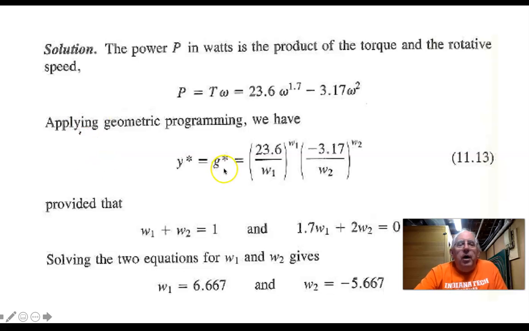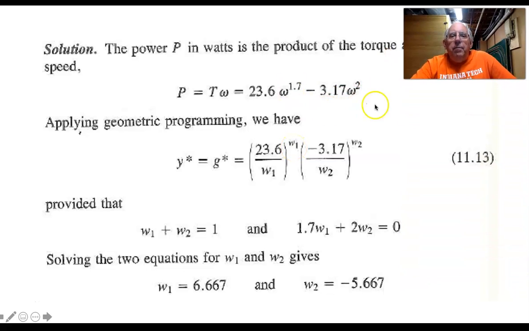But we're going to do geometric programming, and in the sense that we developed earlier, we see that the y star, which is the objective function at the maximum or minimum condition, which here would be the p star, is simply the first constant divided by w1, raised to the w1 power.